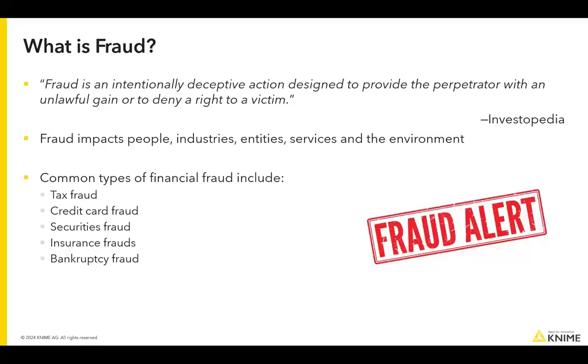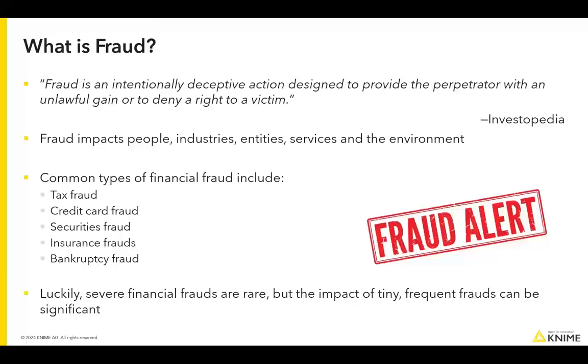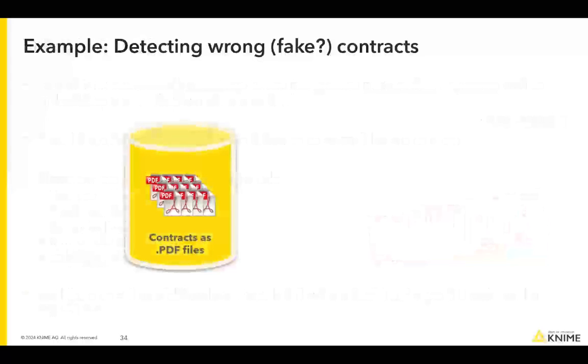So there are different types of financial frauds. Today we'll talk about contract frauds, frauds in contracts, but there are many more other fraud types such as tax fraud or credit card fraud. And of course, even if they happen rarely, we want to detect them as soon as possible to avoid these negative effects.